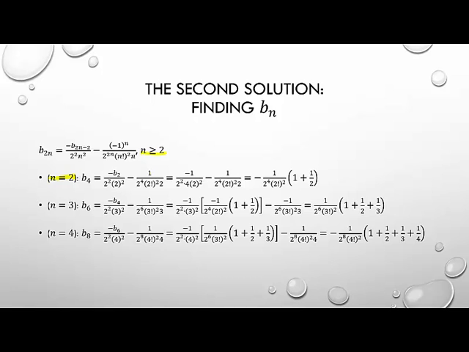This is 2 to the fourth power, 2 squared squared, or 2 factorial squared times the 2. And remembering that b sub 2 was equal to 1/4, we can put that 1/4 here.